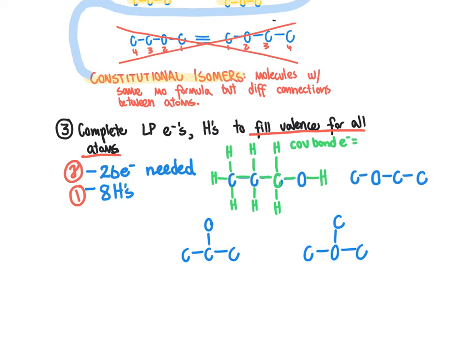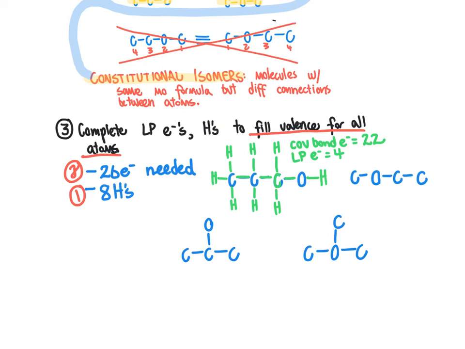So if we look at the number of covalent bonds, we tally that up and count those. 1, 2, 3, 4, 5, 6, 7, 8, 9, 10, 11. We take 11 times 2, which would be 22. 22 electrons are accounted for in the covalent bonds. We need 26 electrons in total. So that means that our lone pair electrons, we need to have 4 of those in total.